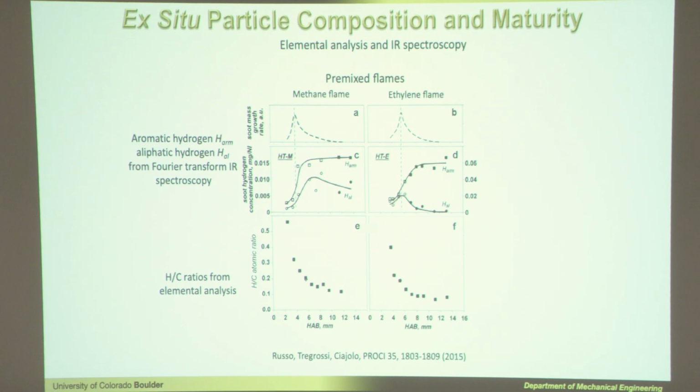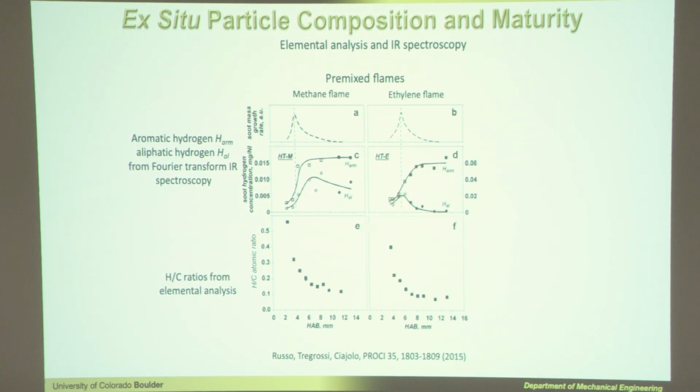Okay, and here's a different result. In this case, they looked at the H to C, they did infrared spectroscopy, and this was Hai Wang's group, right? They did infrared spectroscopy, the same type of experiment, and this is also a premixed flame. And what they saw is the aromatic to aliphatic ratio.